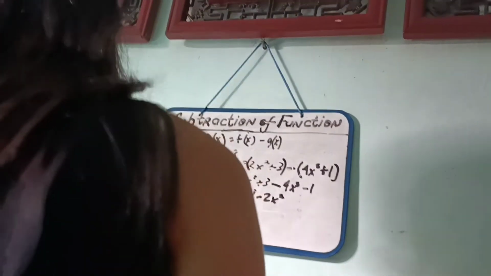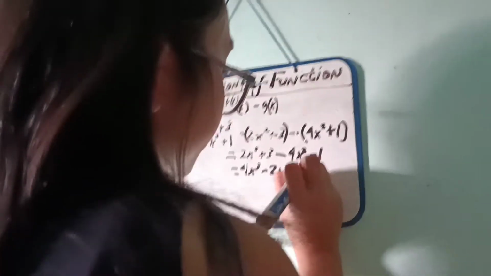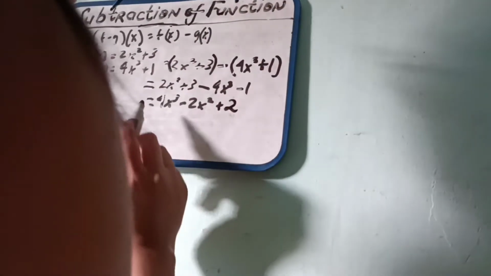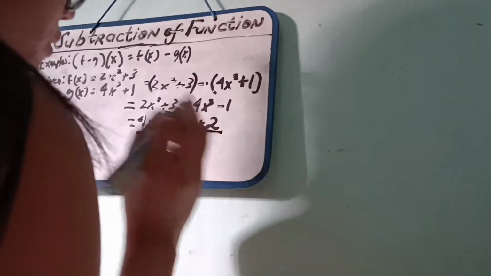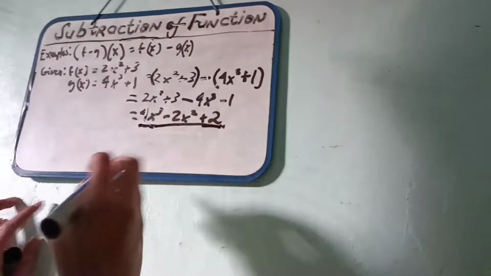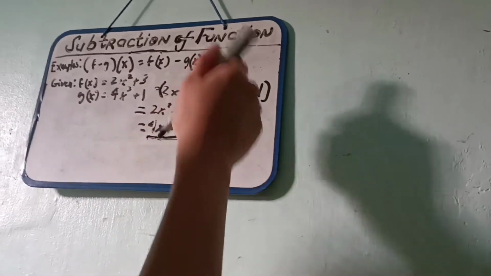That would be positive 2, since mas higher na sign yung positive 3 kaysa sa negative 1. So, wala nang magkakasame pa. Ito na yung final form and simplest form. Here is our final answer: negative 4x cubed plus 2x squared plus 2.